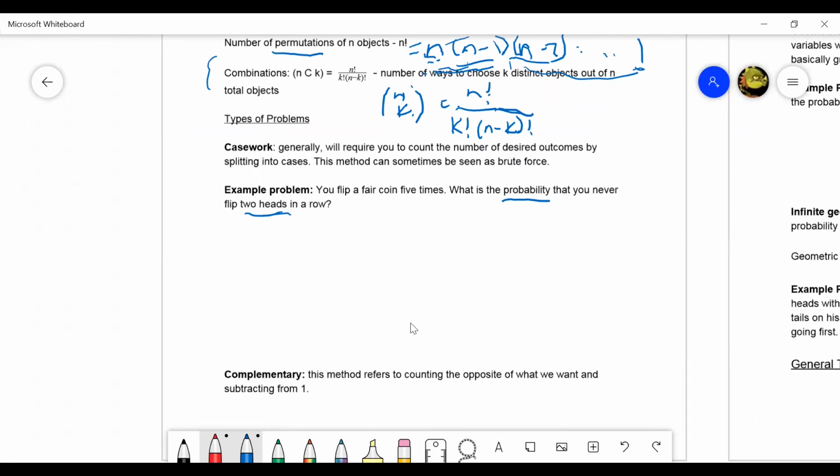Okay, and before I go into that, I also want to write that the probability that you're going to find is going to be the number of cases in which you have no 2 heads in a row over all possible flips.